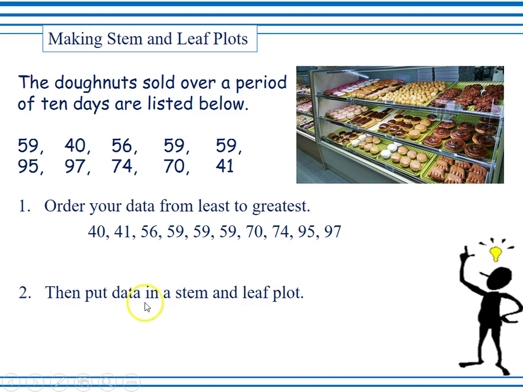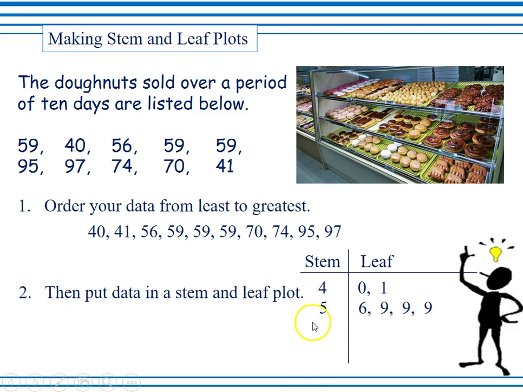Second thing we do is we put our data in the stem and leaf plot. So when we look at our data, we can see that the largest place value is tens and the smallest place value is ones. So our stems are going to be 4 for 40, and this will be 40 and 41. For our 50 place value, we have 56, 59, 59, and 59.